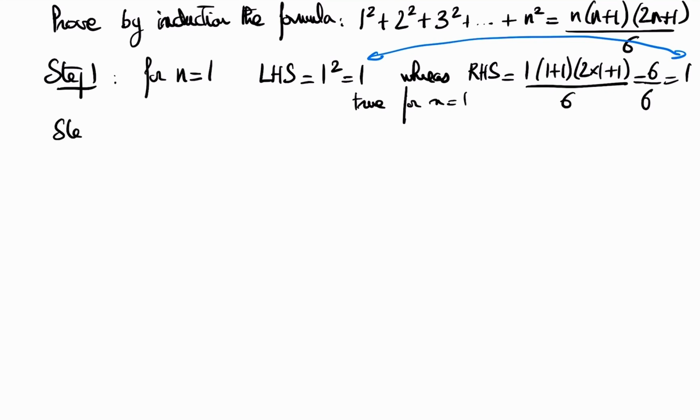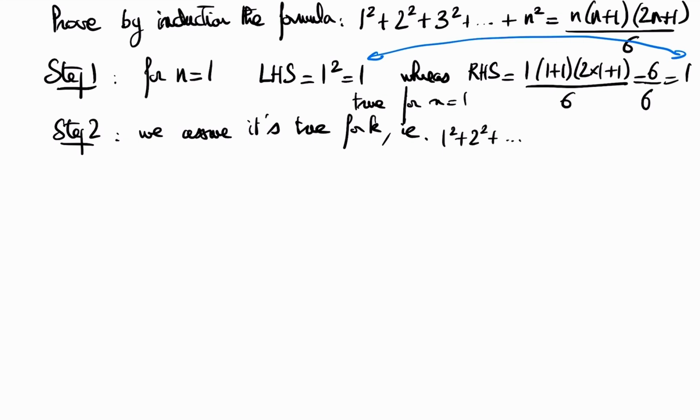Now, step 2. We assume it's true for k, i.e., 1 squared plus 2 squared plus ... plus k squared is equal to k times k plus 1 times 2k plus 1 over 6.